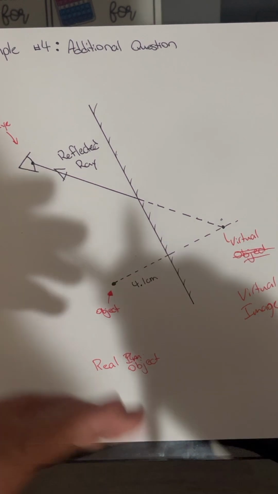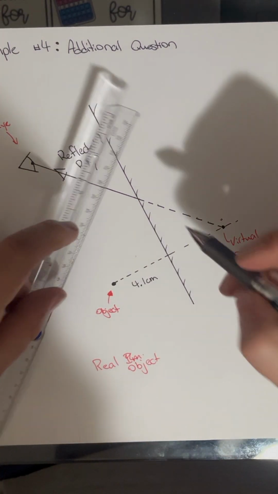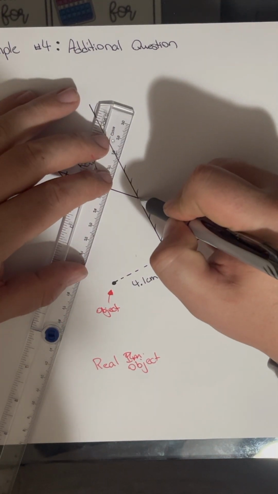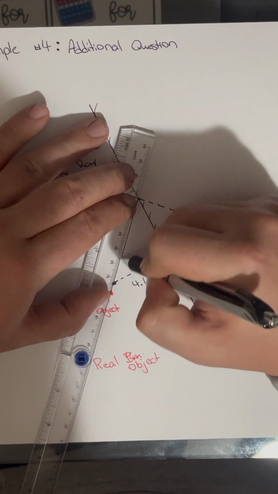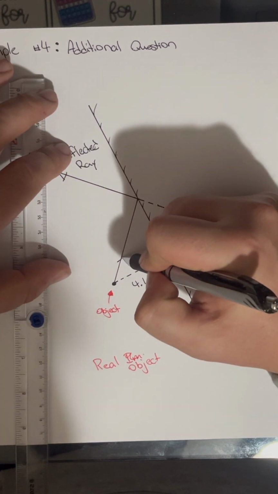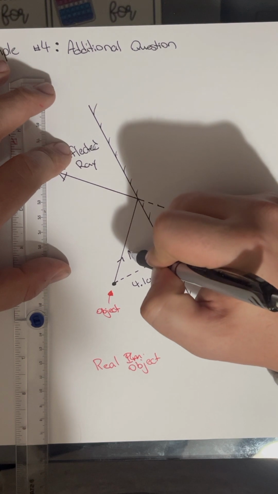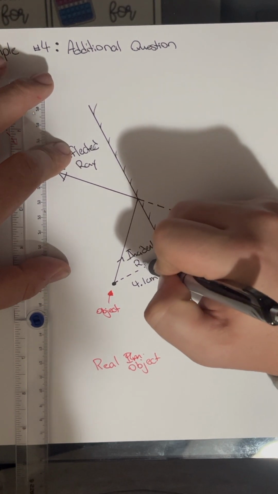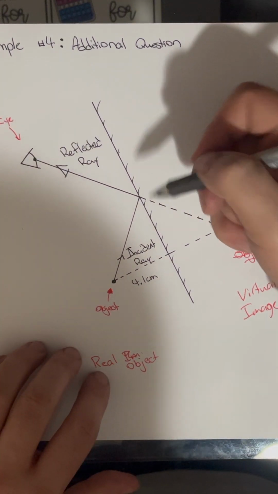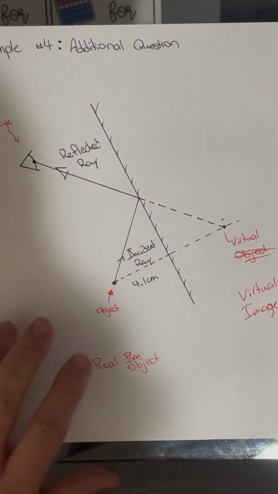Then you can draw your other line, going from the mirror where that reflected ray intersects back to the object. This is our incident ray. And then we need to make our normal.